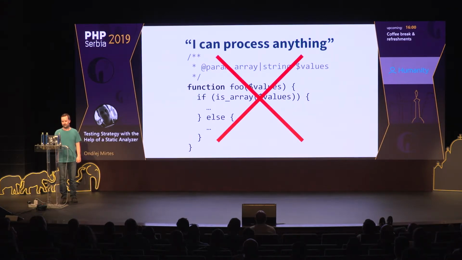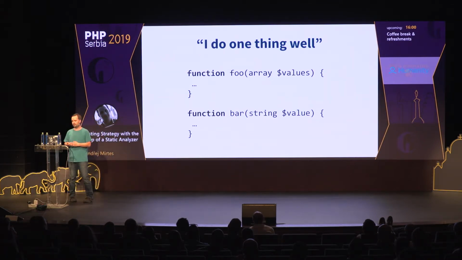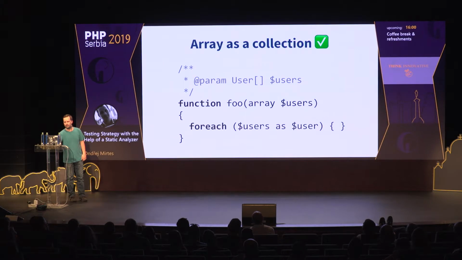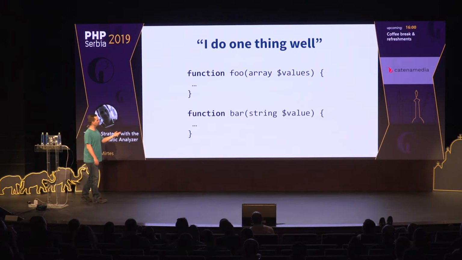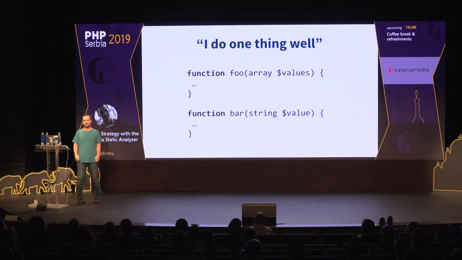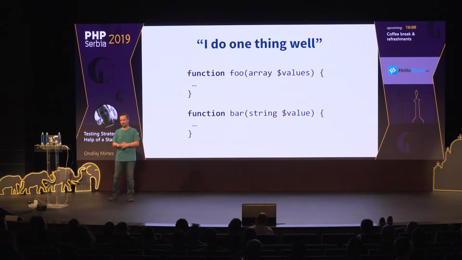Instead, you should write simple functions that do one thing, and they do the one thing well. So from the previous example, you can actually separate these functions in two. One will accept an array, and the other one will accept a string. And you can decide which function you will call based on the type of value that you have.